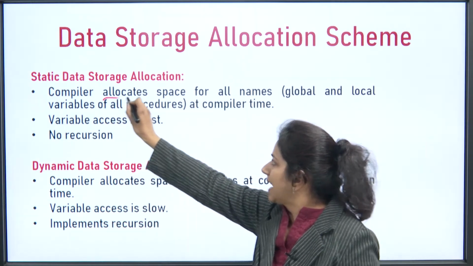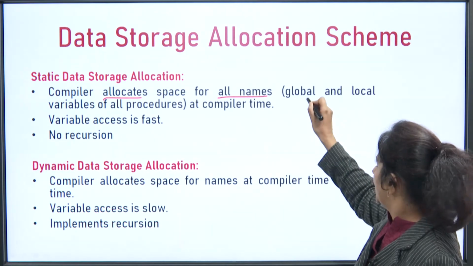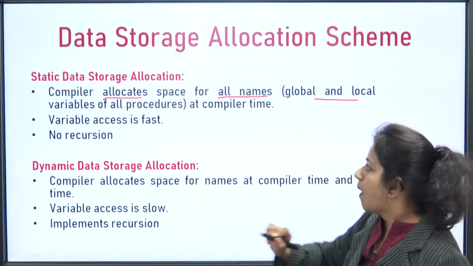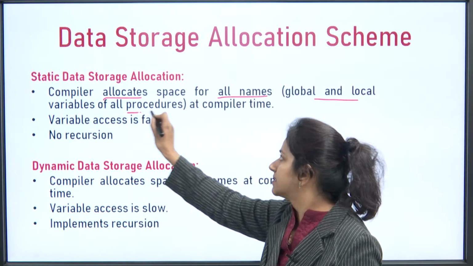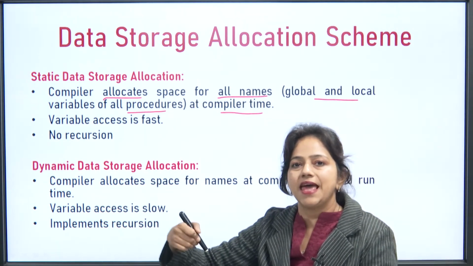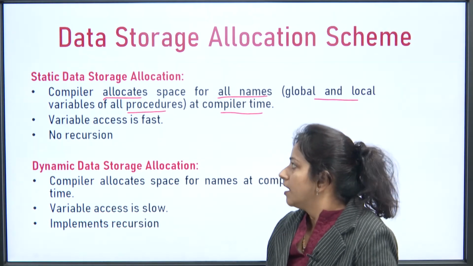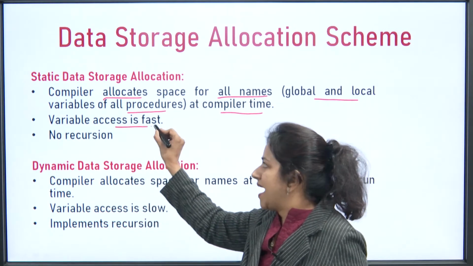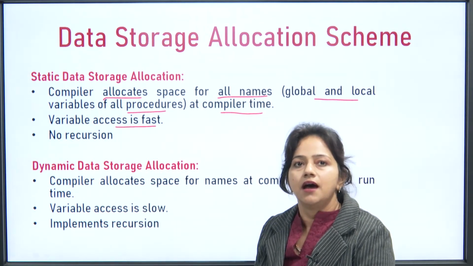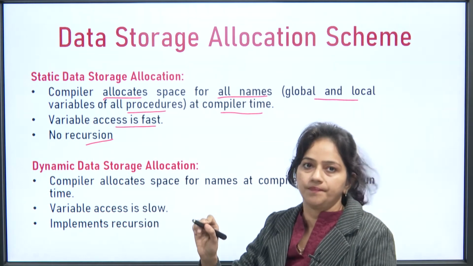So, the compiler allocates space for all names, global or local, all variables of all procedures, at compile time. Here the variable access is fast in the case of static data allocation and it does not support recursion.